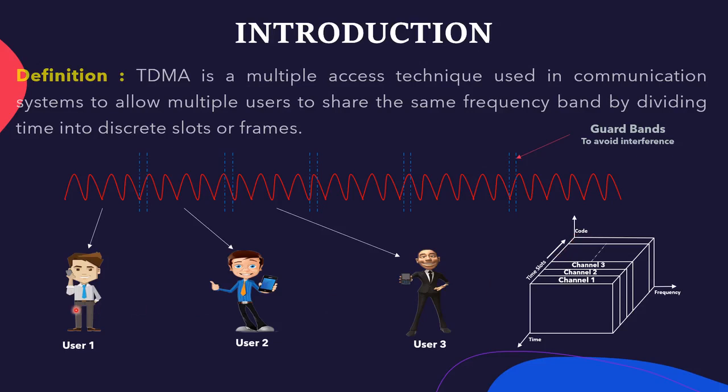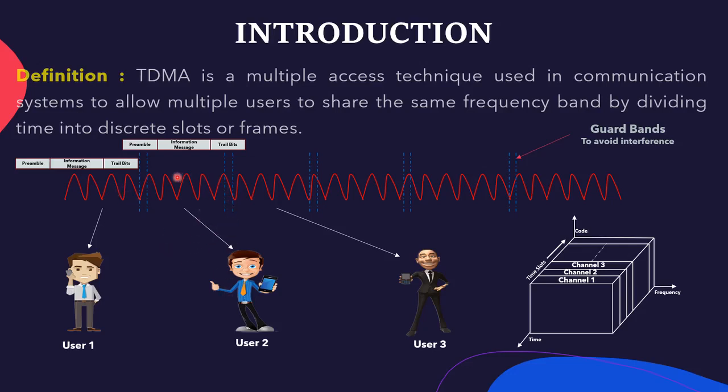And then we move to user 1. In the allocated time slot for user 1, there will be a frame that consists of information generated by user 1. This frame is a cyclic process. Once user 1's time is exceeded, this frame will be passed to the second user.